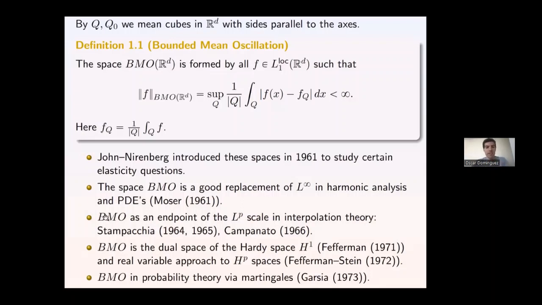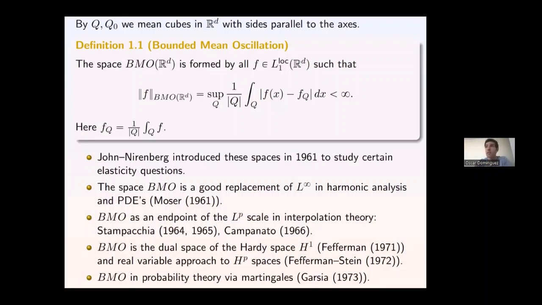In the middle of the 60s, people started to investigate the role played by BMO in interpolation theory. In particular, Stampacchia and Campanato proved that BMO is a good extreme space to apply interpolation theory.